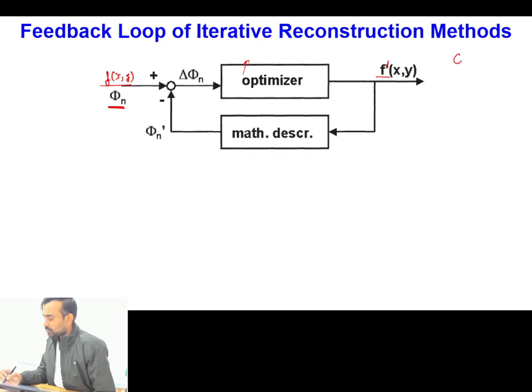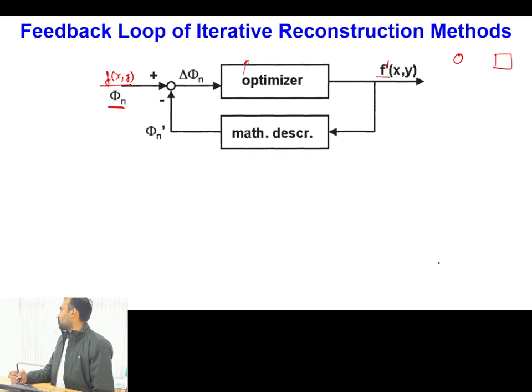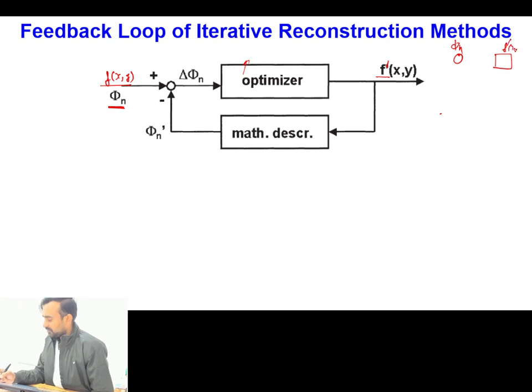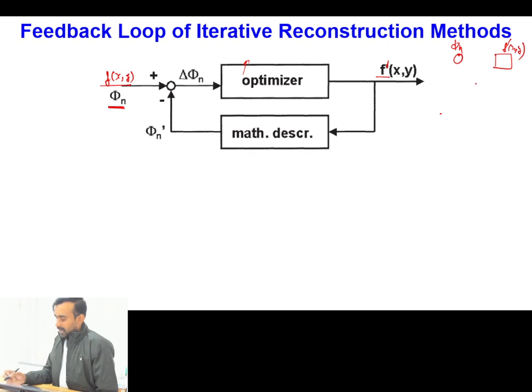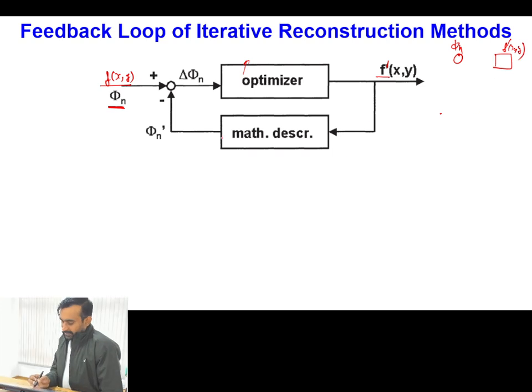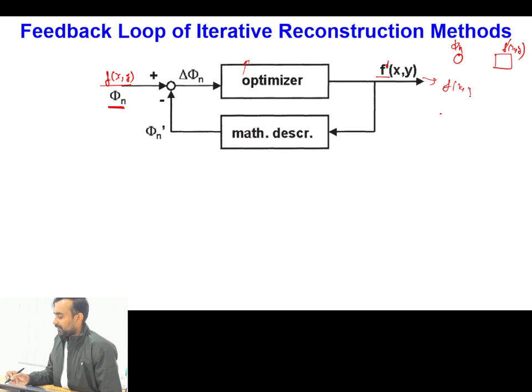For example, corresponding to this circle I am getting a square. So this was the initial indicator function. After using some algorithm I have got f dash of xy.